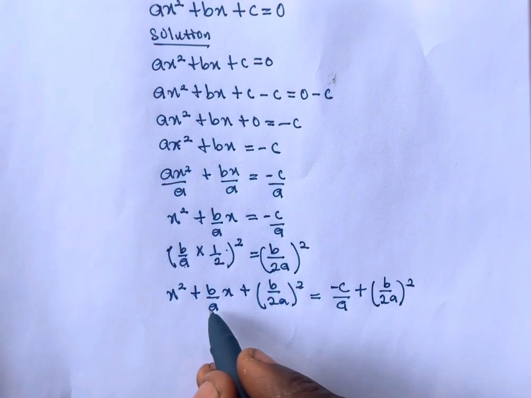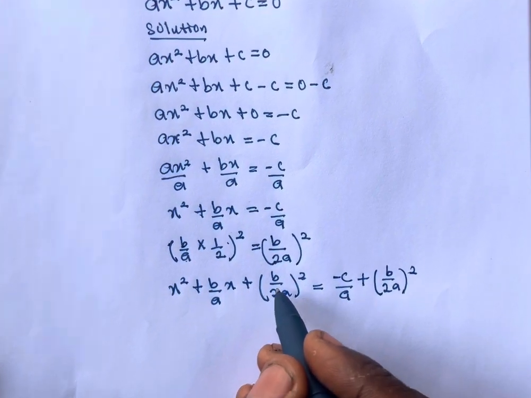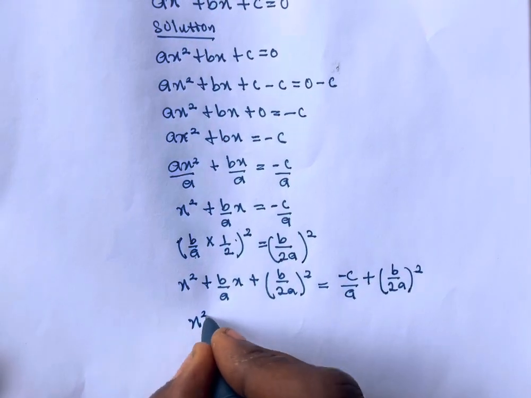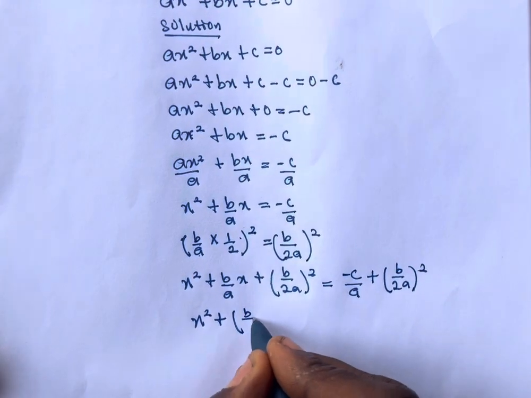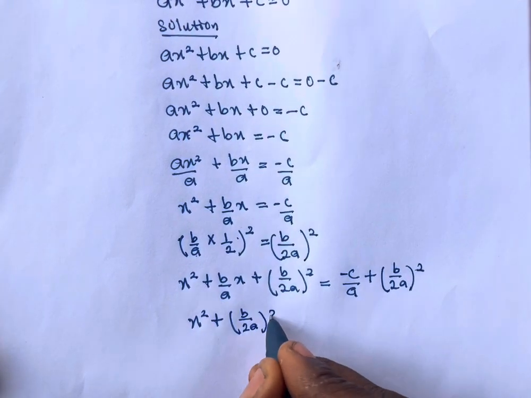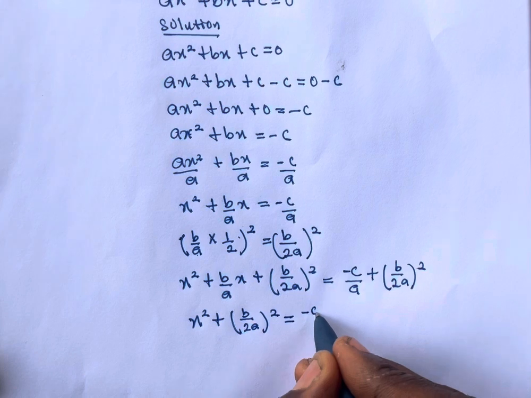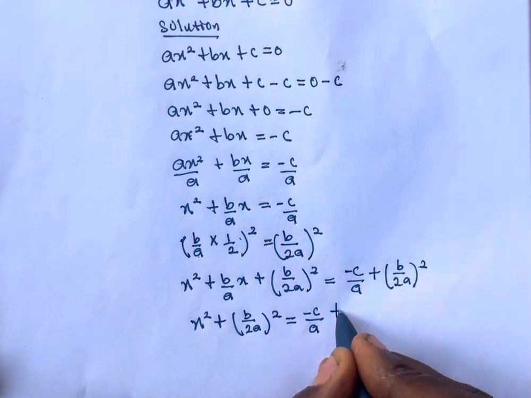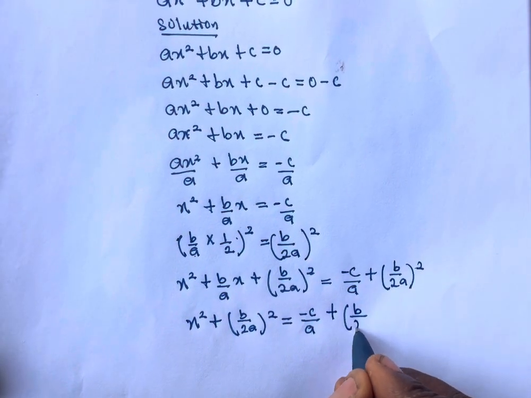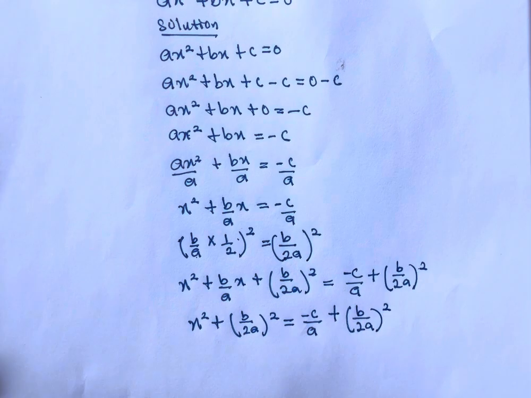Now, so far we transform this into this to get this. We have x squared plus b over a x plus b over 2a squared is equal to minus c over a plus b over 2a squared.